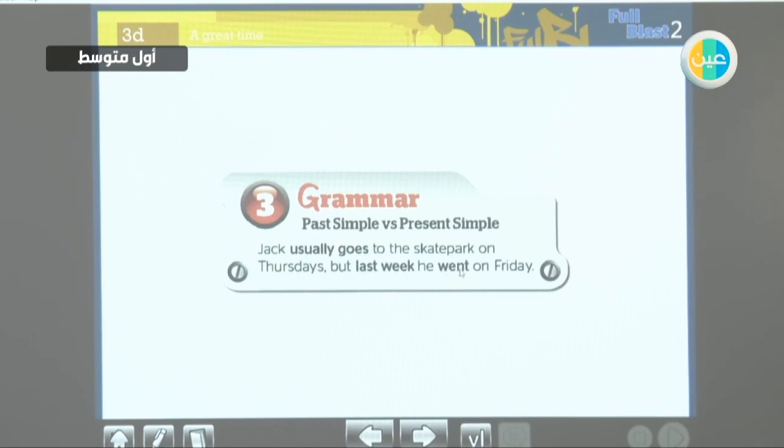It doesn't just end with D or ED like the regular verbs. So here the verb went is an irregular verb. Jack usually goes to the skate park on Thursdays as a routine. But last week, he went on Friday. Okay?